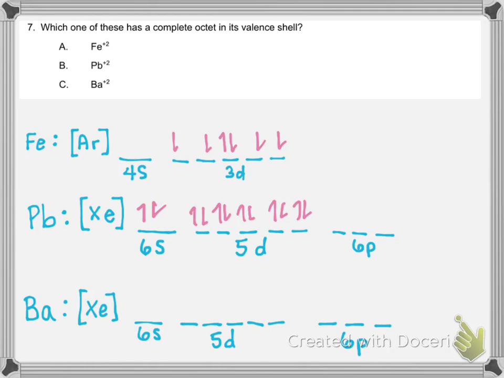And so that means barium is left just with its xenon core when it has a +2 charge. Just like we talked about on the previous question when we were looking at our group 2 metals. And so barium here is the answer because it's reached a noble gas configuration, which means that its valence shell would be full, or it would have a complete octet.